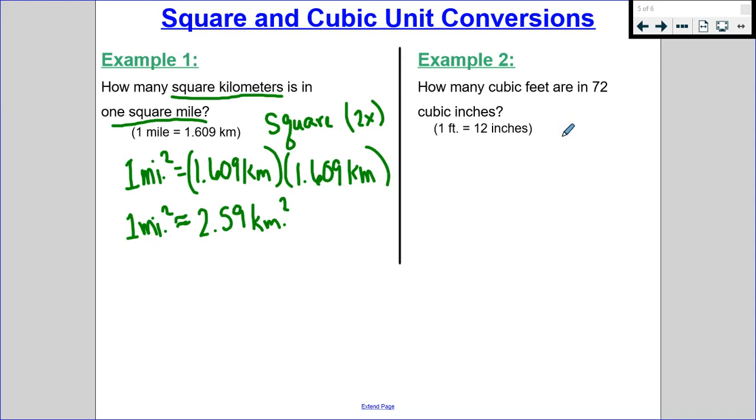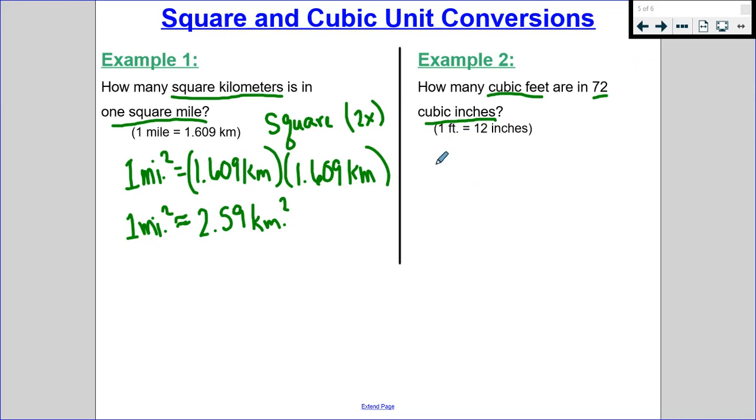In the reverse, now I want to know how many cubic feet are in 72 cubic inches. So I know that 1 foot is 12 inches.